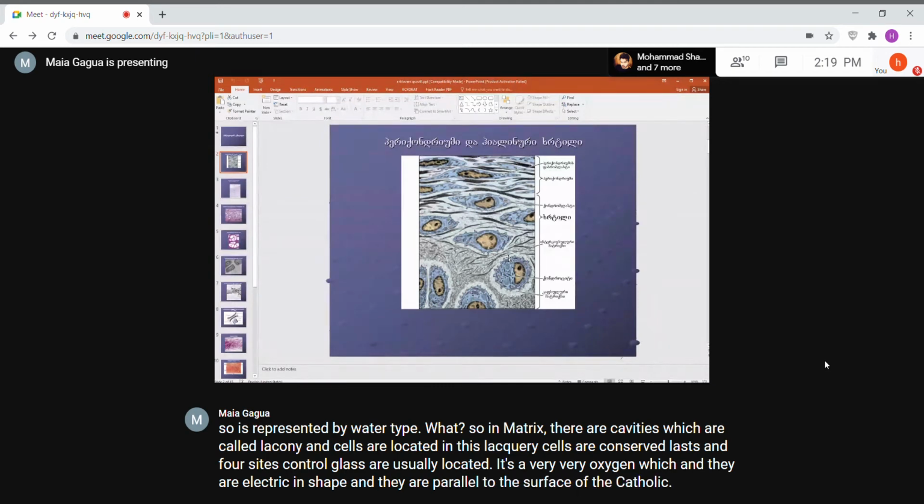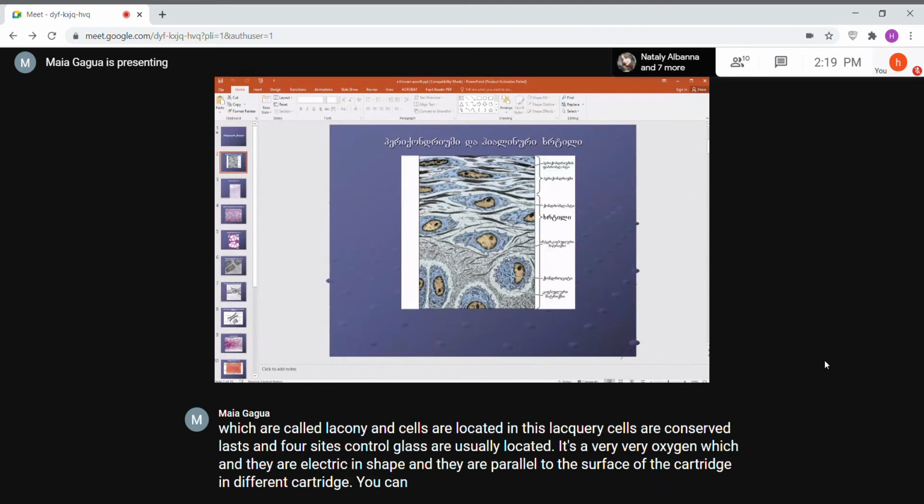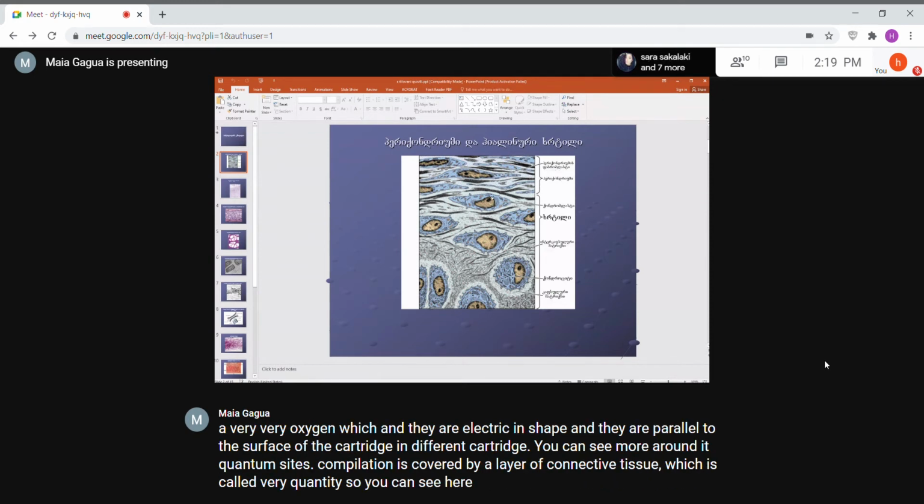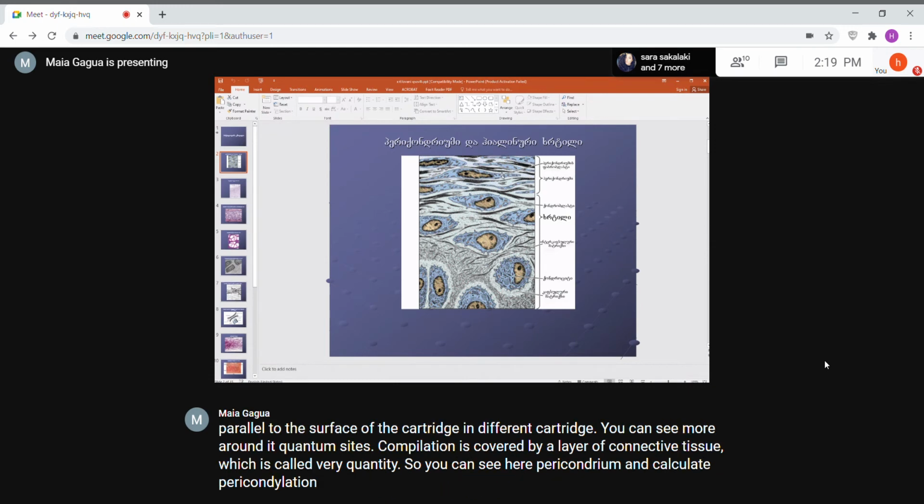In deeper cartilage, you can see more rounded chondrocytes. Cartilage is covered by a layer of connective tissue which is called perichondrium. So you can see here perichondrium and cartilage. Perichondrium is dense, irregular connective tissue.